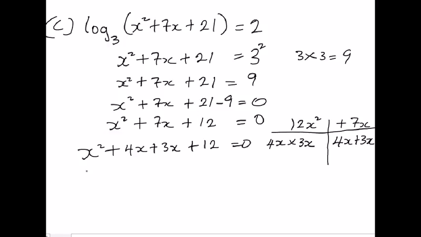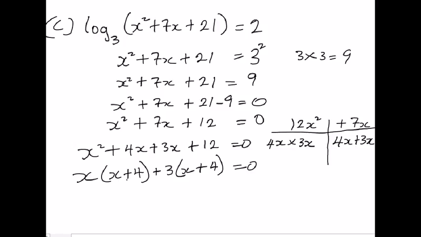Okay, now x into bracket x plus 4 bracket plus, that is x times x will give us x squared, x times 4 will give us 4x. And 3 can go in 3x and 3 can go in 12. So we have 3 into bracket x plus 4 equals 0.